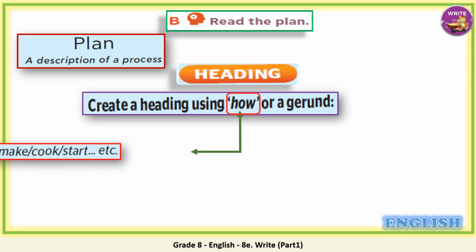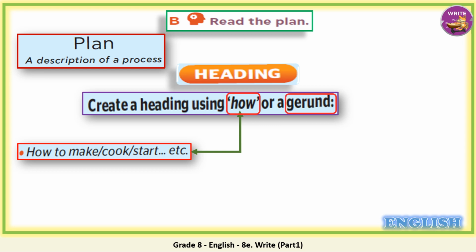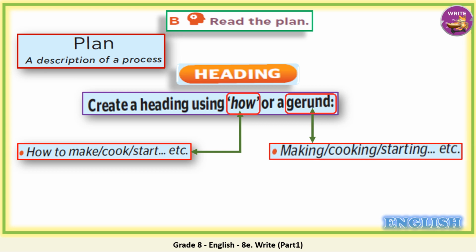When we use how, we can say how to make a cake, how to cook rice, how to start a project, and so on. When we use a gerund, we can say making a cake, cooking rice, starting a project, and so on.